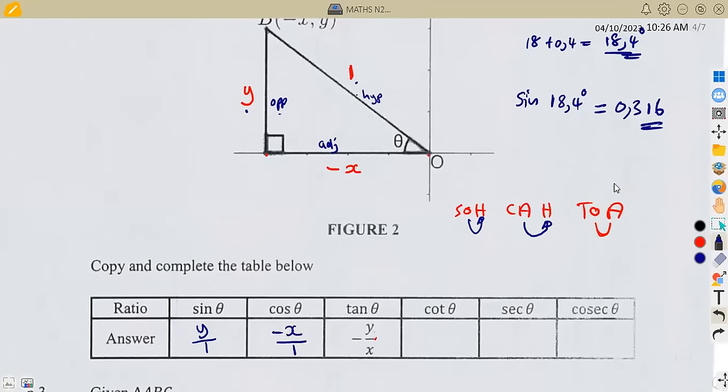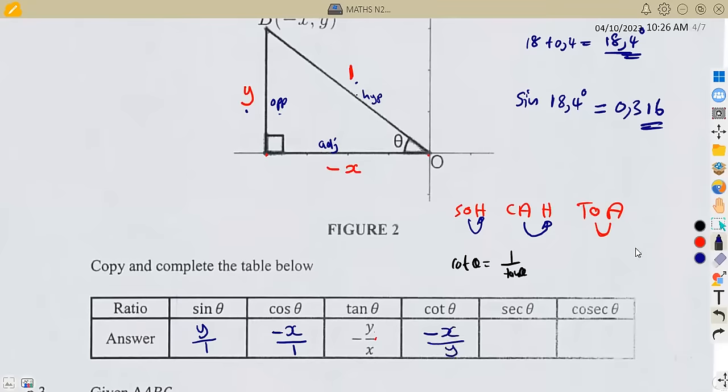Cot theta, remember that cot is equivalent to 1 over tan theta. So we have tan theta here, which is y over minus x; you invert it, so it's going to be minus x over y.